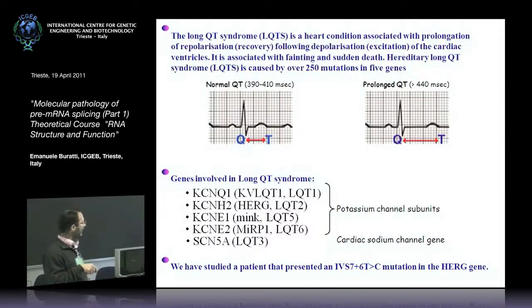And in this case, the putative splicing mutation was also very strange, because it was not really occurring in the basic consensus elements, so that people immediately would have been able to say, well, yes, this is probably a splice site mutation. It was occurring at position +6 of the 5' splice site in intron 7.